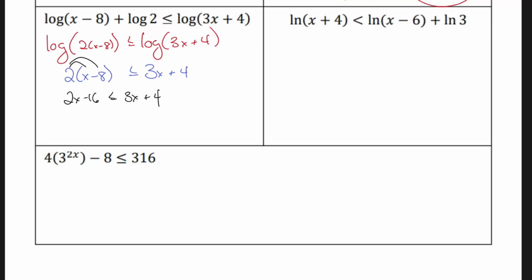I know what's going to happen. Minus 3x, cross out. That's negative x minus 16 is less than or equal to 4. Let's add 16 to both sides, so negative x is less than or equal to 20. Divide both sides by a negative means you flip the sign.